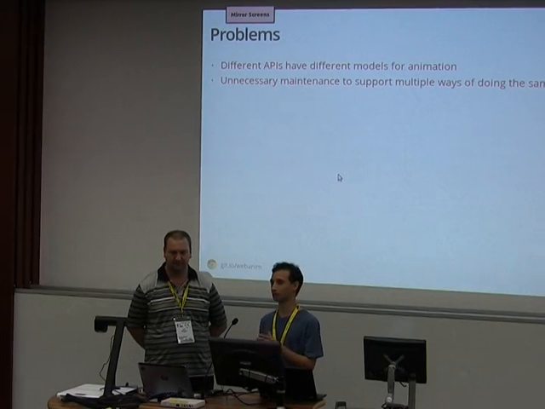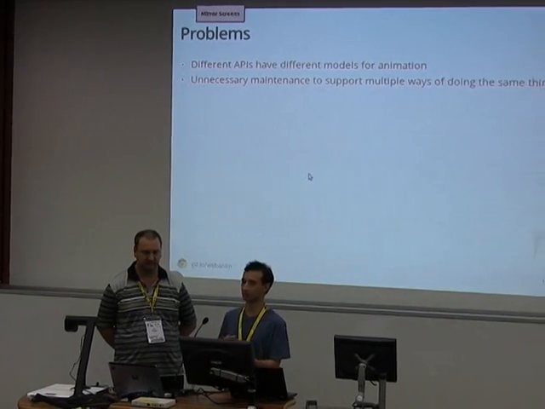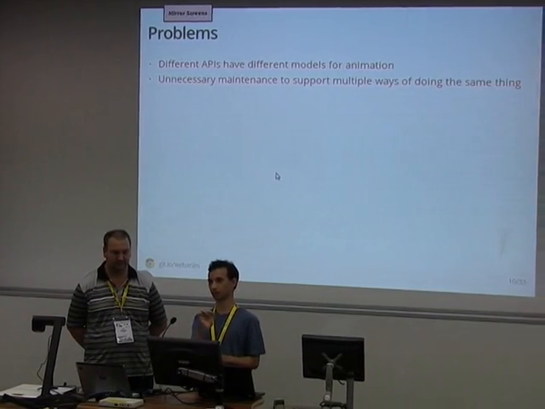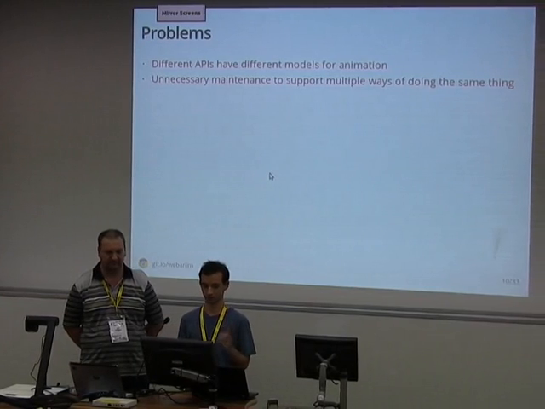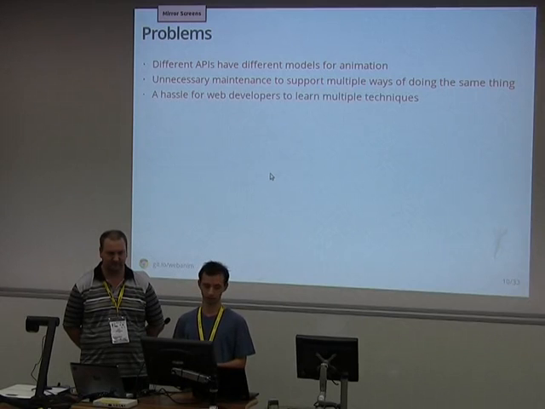That's more duplicated logic. Even though they're not quite the same, they're more or less achieving the same thing. You're just making some value interpolate from one to the other according to some time model. And if you implement that multiple times, that's not good news for web developers or web browsers.